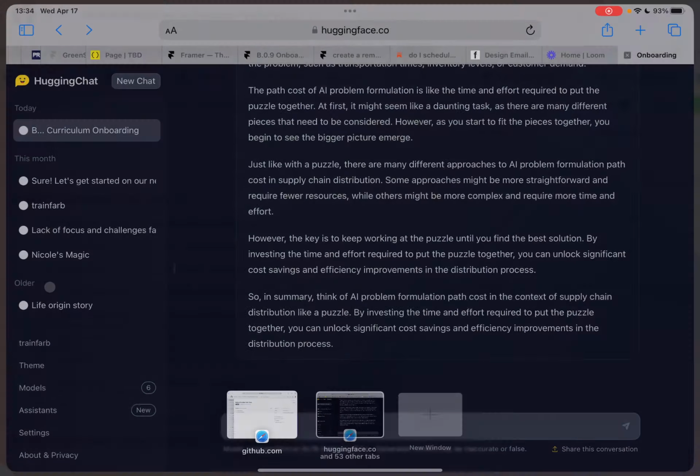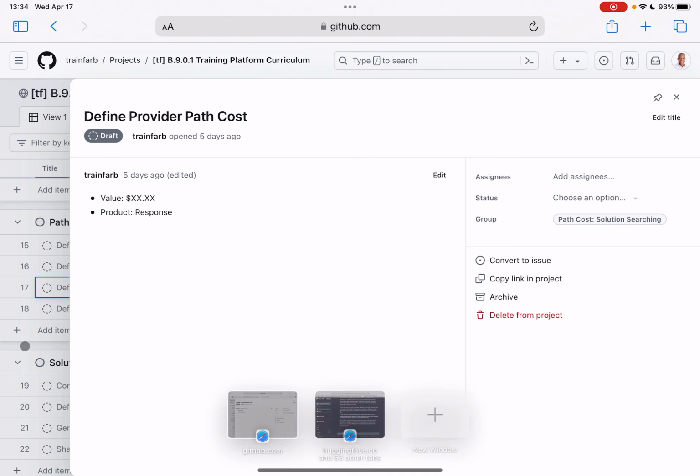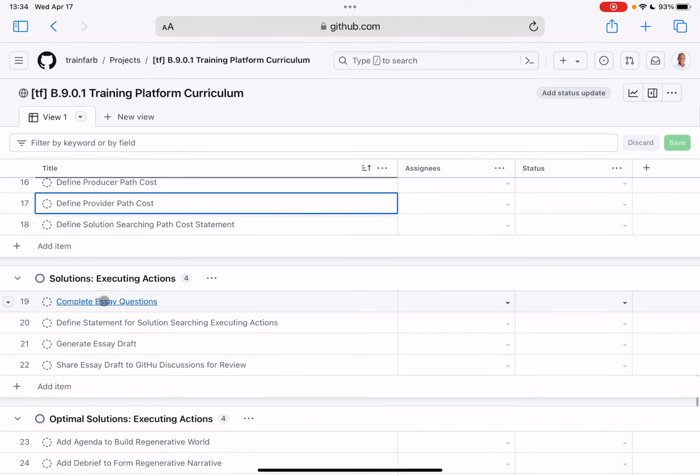Let's see what I had here. What did I have for executing actions?